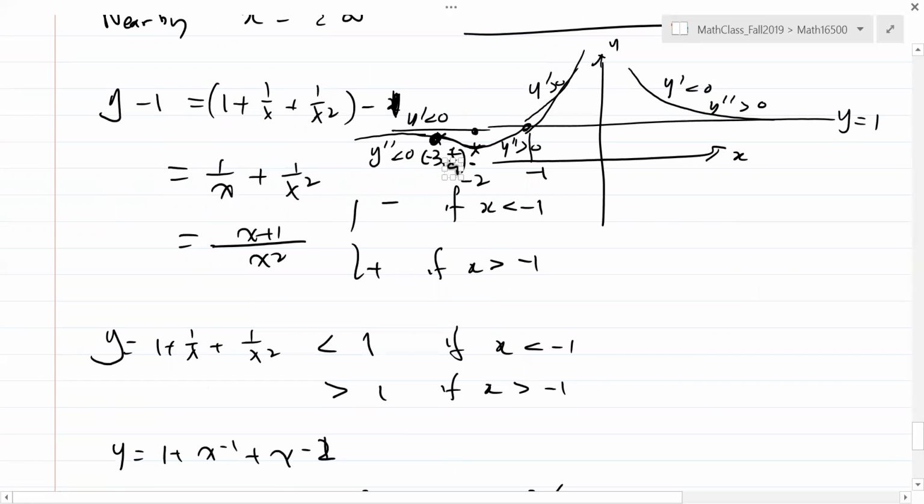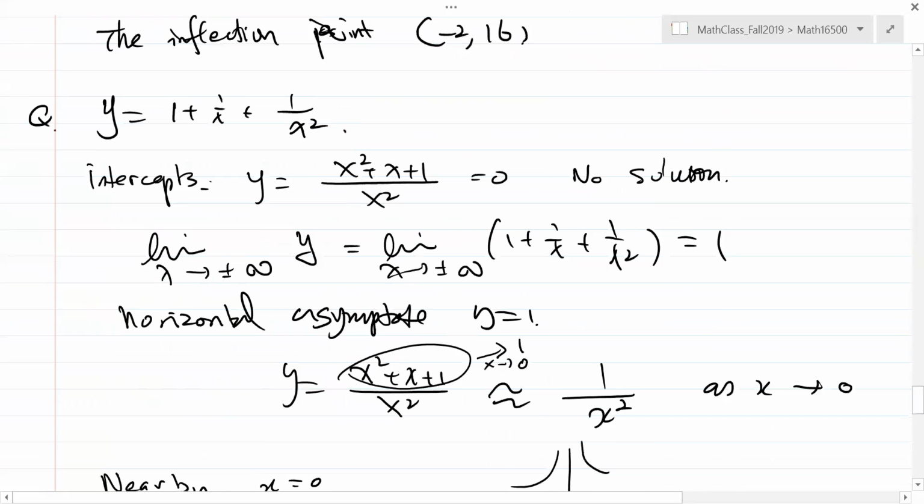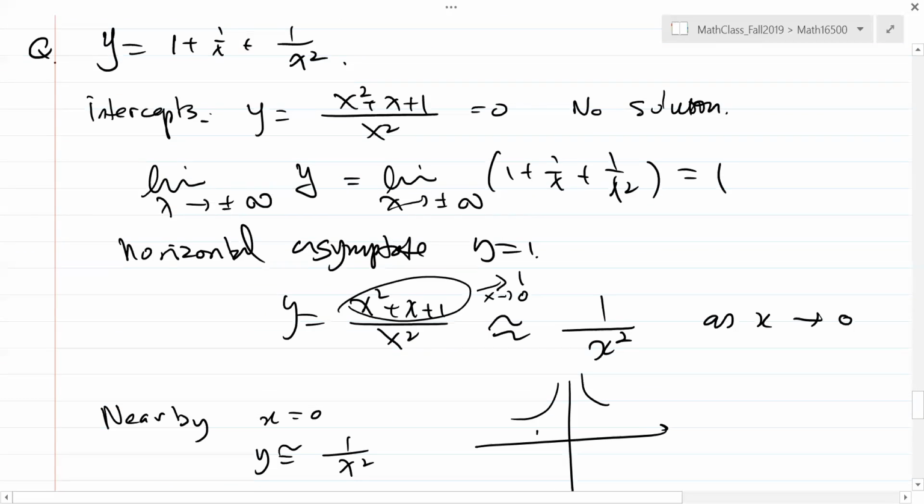So again, what is the main idea? Let's go back to this graphing problem. Your given function is a rational function, x squared plus x plus 1 divided by x squared. Step 1, you're trying to figure out the intercepts, x-intercept, y-intercept. It's easy. And the horizontal asymptote and the vertical asymptote.